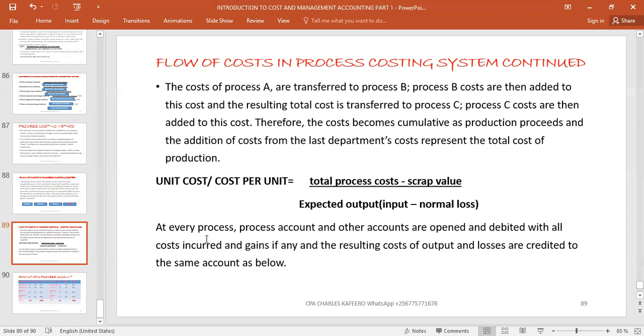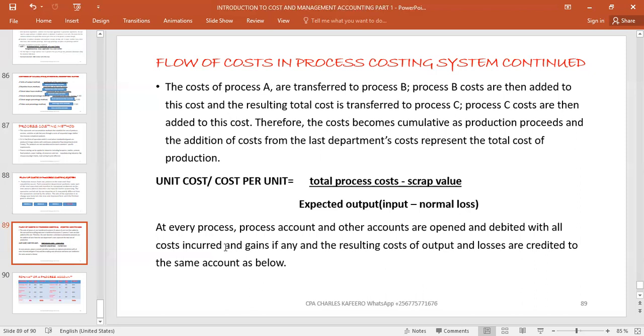These are the two things we debit on the process account. The reason why we are debiting them is because they are expenses, we have incurred them. If they are expenses, you know from accounting that expenses we debit because we have given out money. It means we've incurred some money, we have lost cash, we credit our cash, then we debit the process account.